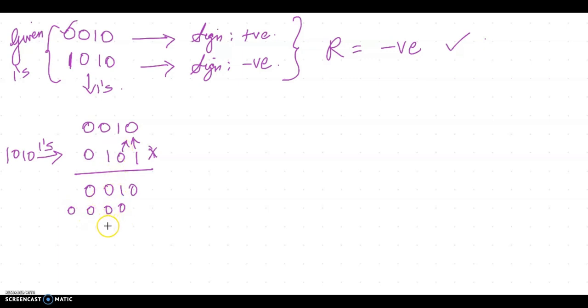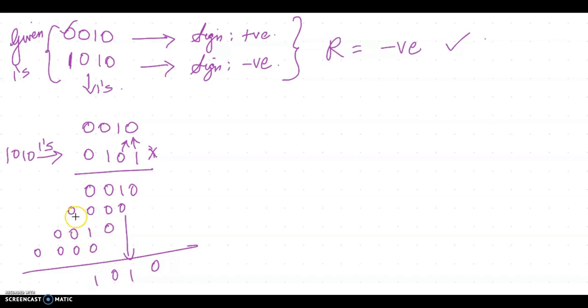Next I multiply with 1, and I get the first number itself, 0, 1, 0, 0. The first number is called the multiplicand and the second number is called the multiplier. Again, the multiplier bit is 0 and the multiplicand is 0010, but multiplication with 0 results in 0 itself. Next, you add it, just as we do in decimal. So 0 plus 1 is 1. Here it's all zeros.